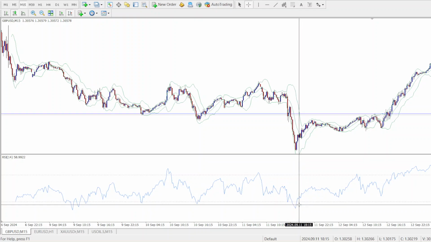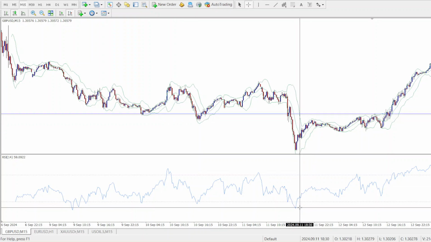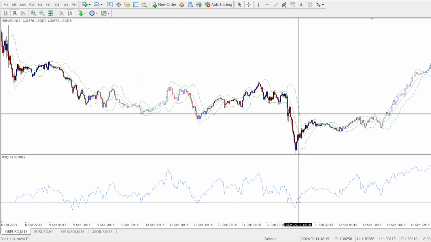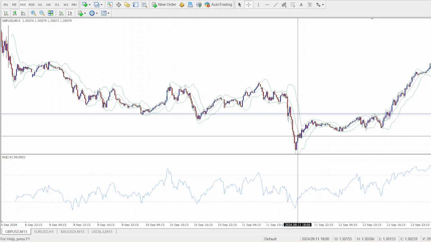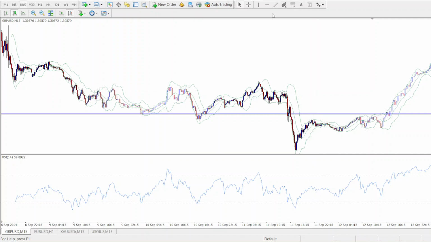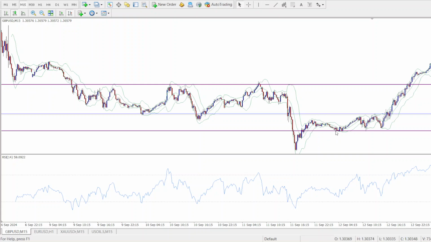So it would have been a sign to exit our sell trade. And as the RSI began to point upwards, it would have been a perfect opportunity to confirm our sell exit. You can add on other indicators too for extra confirmation. You can also use support and resistance levels as extra confirmation for your exits and entries.